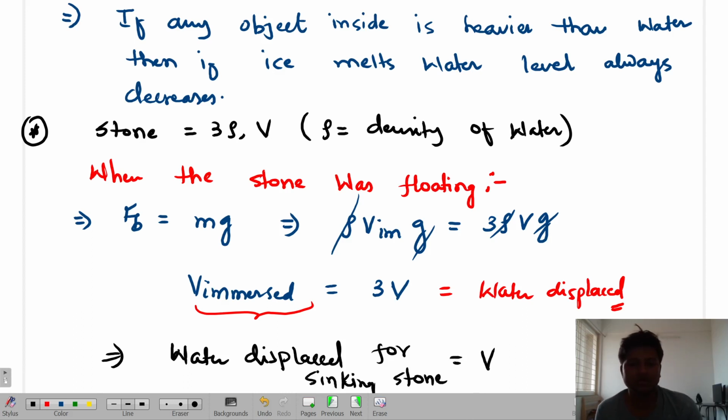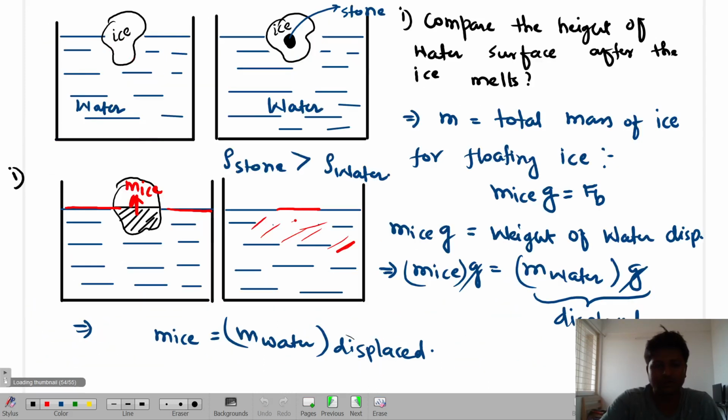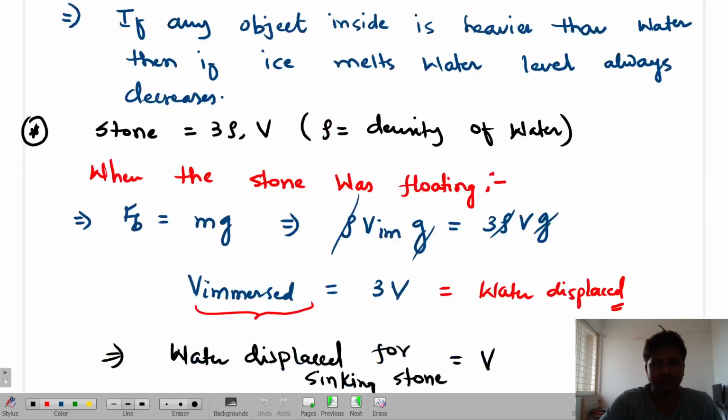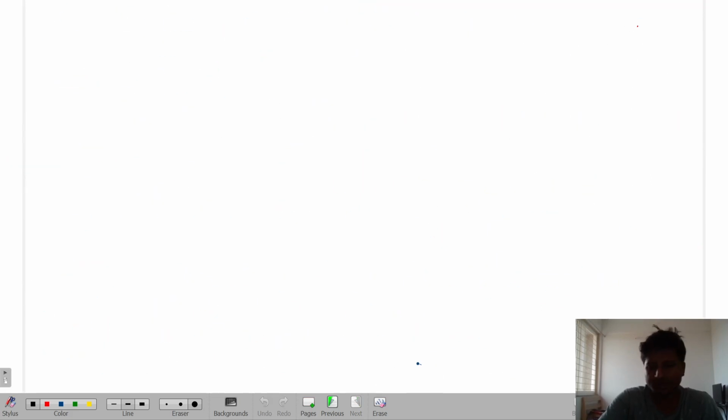So see that where water displaced is more in the first case, now the water displaced is less, and that is why the level of water decreases. Is that clear? So this was all about your Archimedes principle and all. We did good questions today also. So today evening also we are going to sit, isn't it?